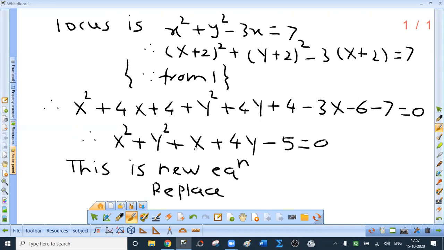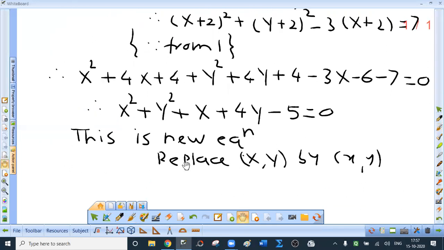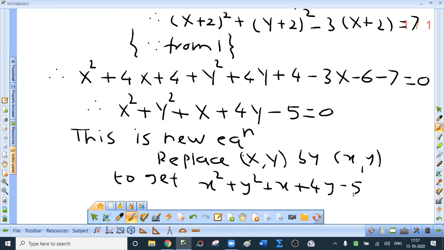But here I will say replace capital XY by small xy to get x square plus y square plus x plus 4y minus 5 equal to 0, right? But in exam, write this answer as the final answer.